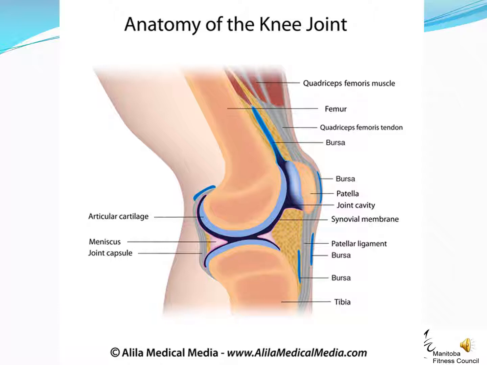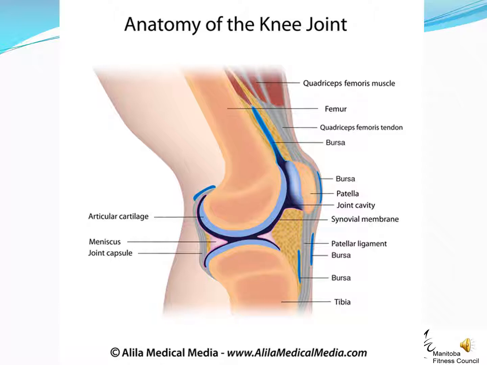Now, within this joint, when you look at the femur, you see it come down, and the skin-tone color is the bone, and then it has that grayish blue cap. That is your articular cartilage. Remember my example of the chicken bone, that shiny pearl-like substance at the end? That's your articular cartilage. It comes to meet the articular cartilage of the tibia.